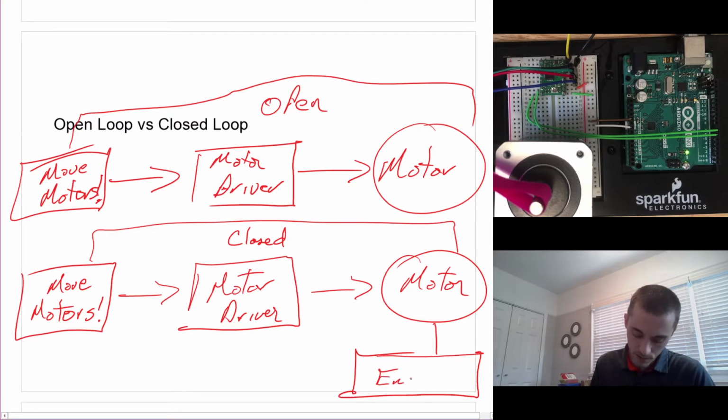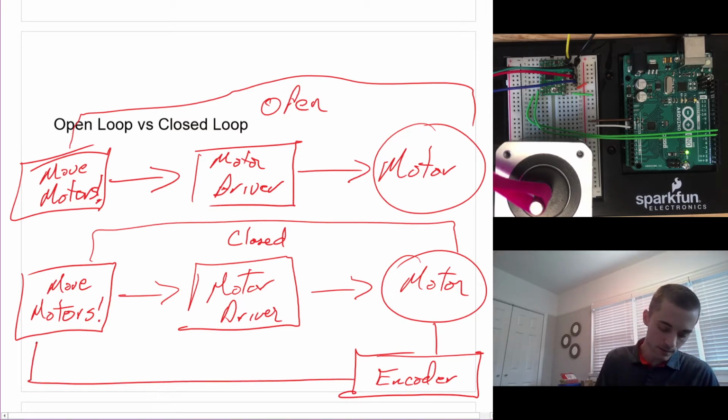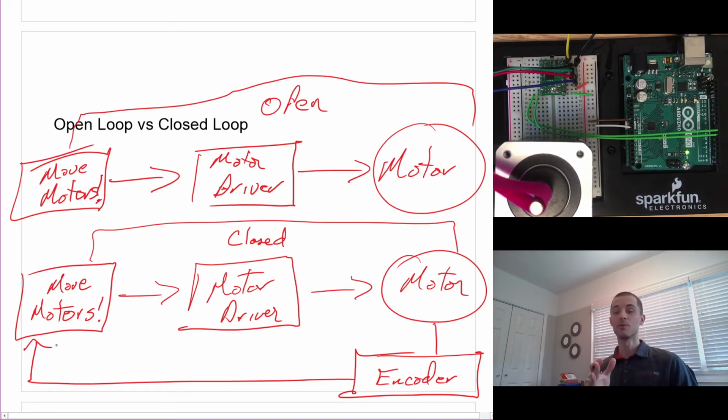And they usually have some type of encoder on there, and that provides a signal back to your program, which says, you told me to move, and I did or did not do that correctly.